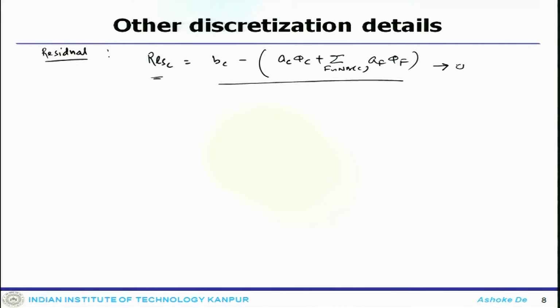We write that residual res C as B C minus A C phi C plus summation over nb C of A F phi F. Now, it is very much clear that when the solution has converged completely and the governing equations are satisfied, this should tend to 0.